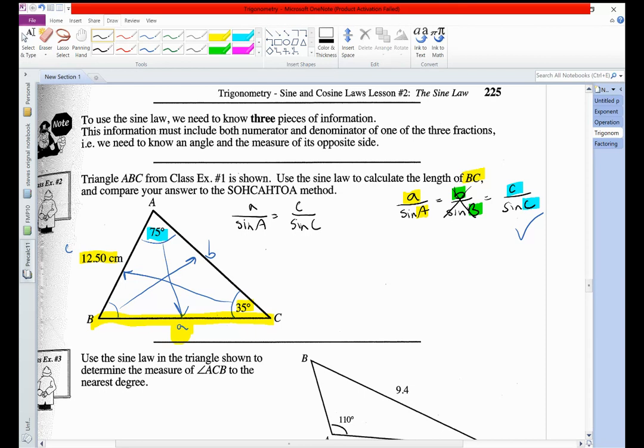We don't know side A, but we know angle A is 75. We know side C is 12.5, and we know angle C is 35. So we want to get A by itself. We can multiply both sides by sine 75.